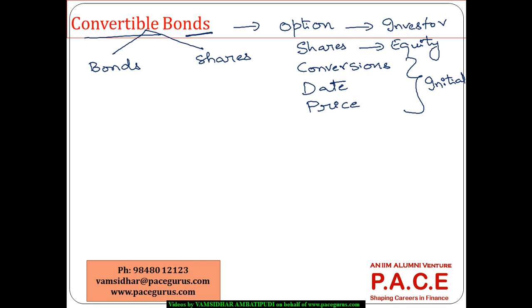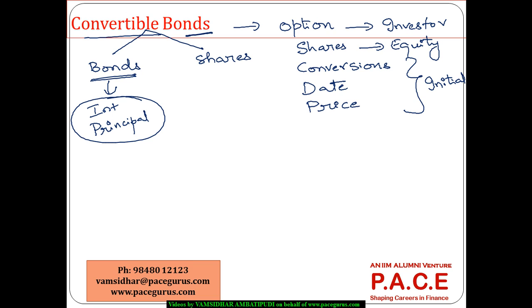And so we see that for some period of time, that particular bond behaves more like a bond, wherein the interest is received on a periodic basis, and in case it is not converted into a share, even the principal is received on maturity.